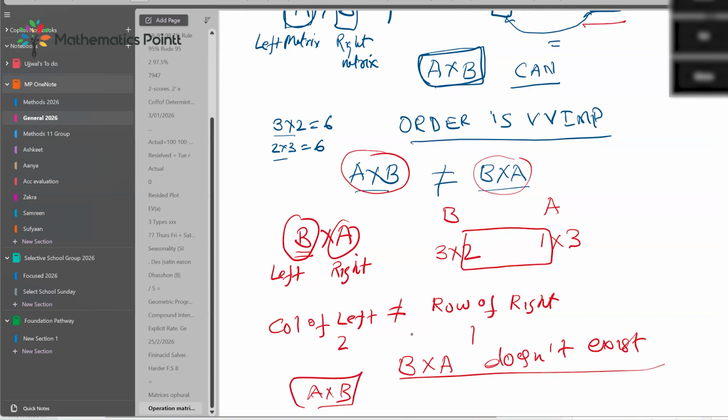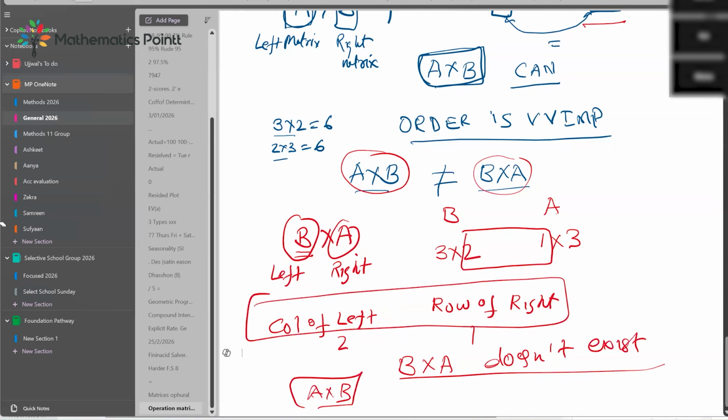And that is why the order of matrices, especially in the product, is very, very important. If this equality condition is not met, the product will not exist. If you try to do it on CAS, it'll say false, or undefined, or something.